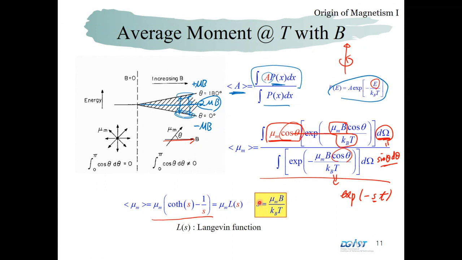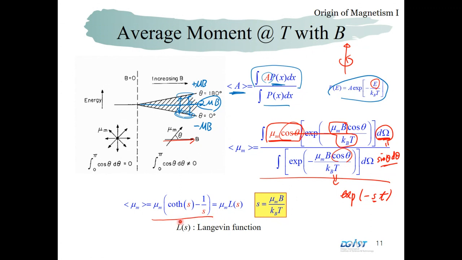So large S means we have a strong magnetic field and the system prefers an aligned state. Large S we can obtain when the temperature goes to 0 or with a large field. They have the same effect. Small S means the temperature is high and the magnetic field is small.